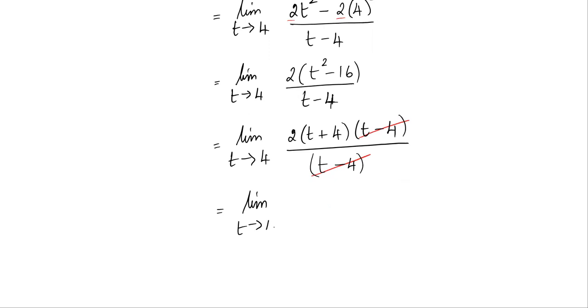Limit t approaches 4, 2 times t plus 4. Now we're ready to plug in for t as 4, which will give us 2 times 4 plus 4, 8 times 2, 16.